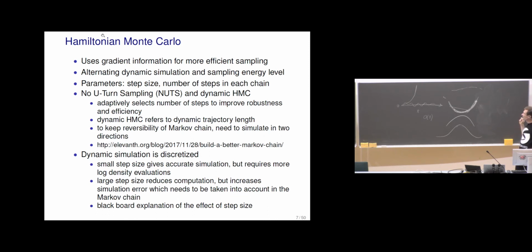In the later version, dynamic Hamiltonian Monte Carlo, we first simulate in both directions in time, and to take into account the adaptation, in addition we need to choose a point randomly.